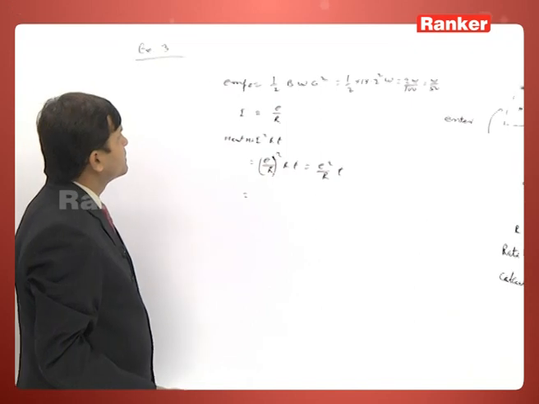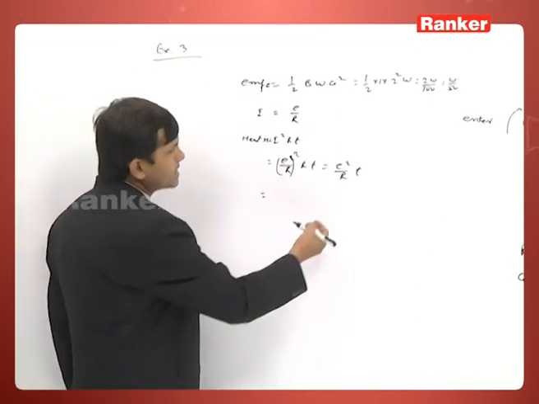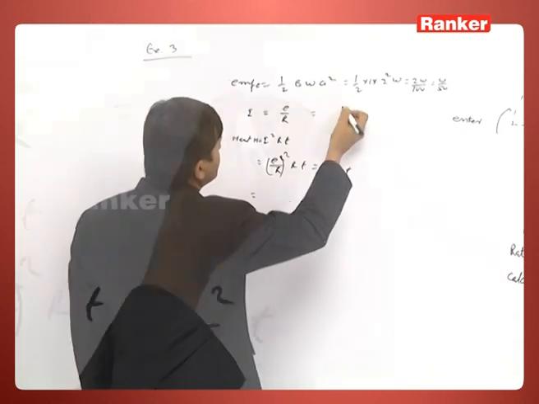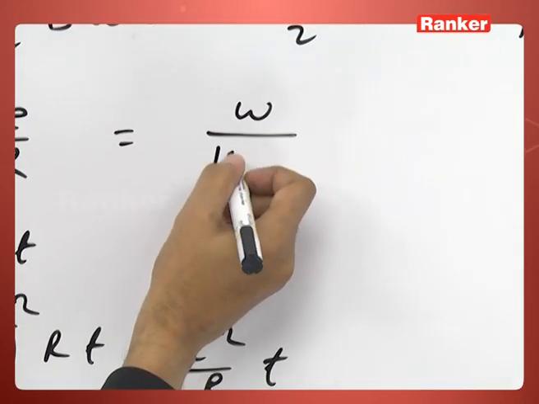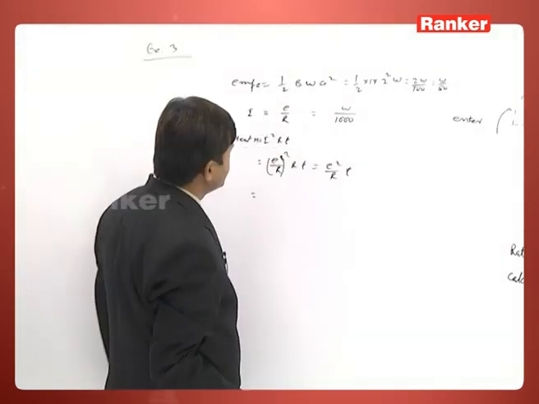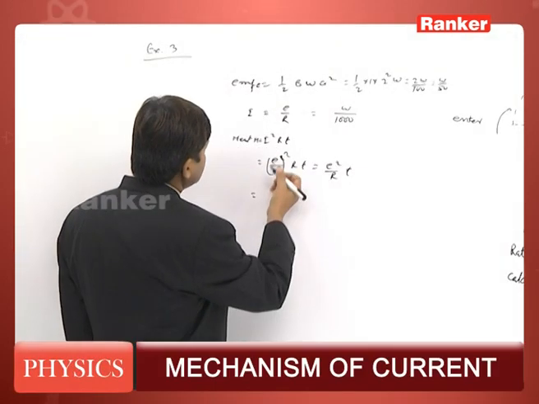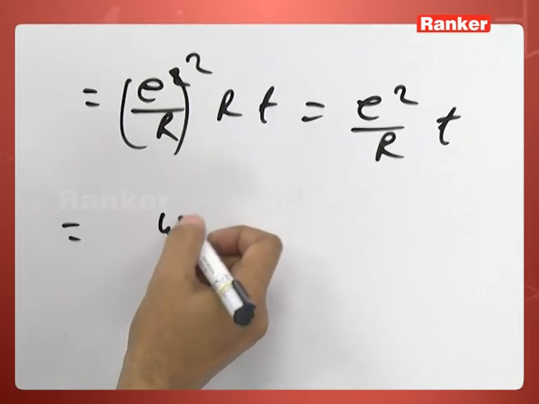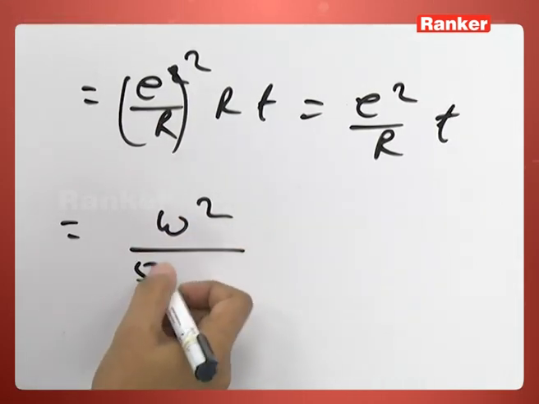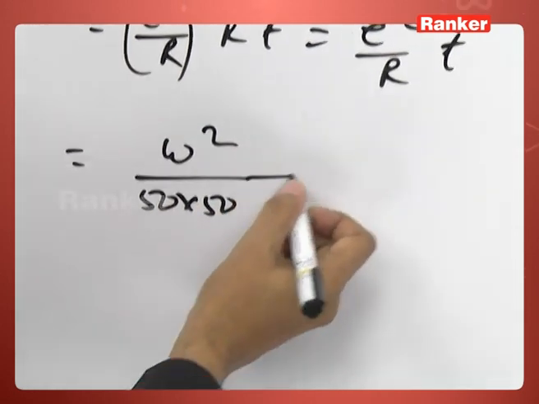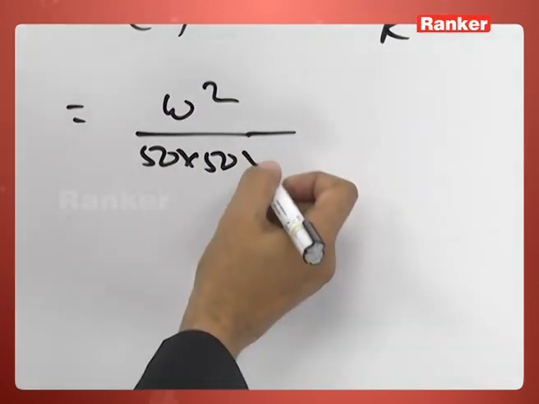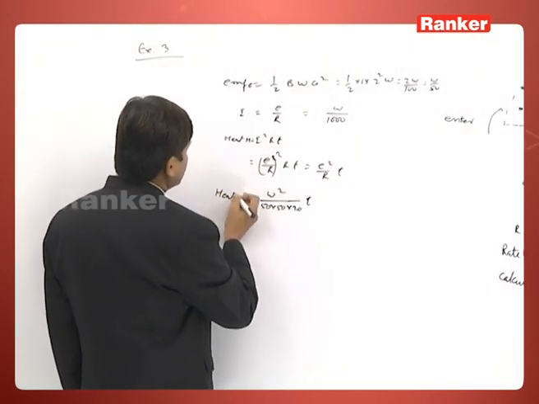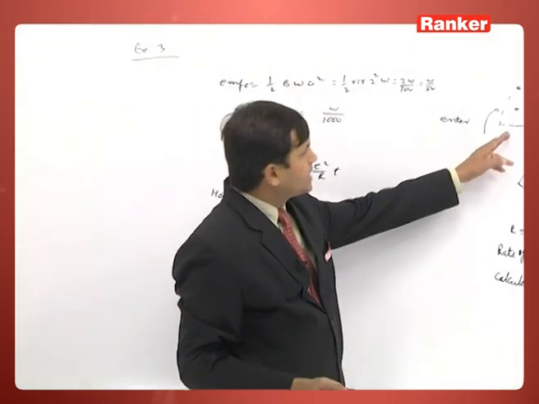So omega by 50 is the EMF, and resistance is given as 20 ohm. So the current is omega by 1000. E square means omega square by 50 into 50, by R, where R is 20, into T. This is the heat when it is about to enter.